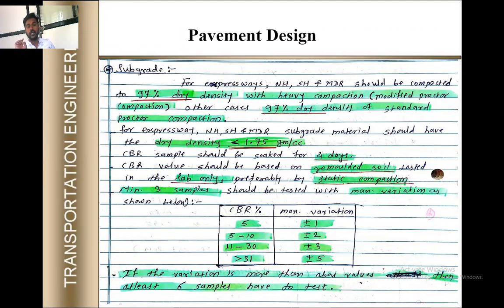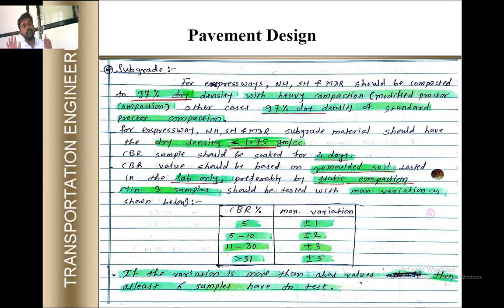And if the CBR percentage is greater than 31, we go with a maximum variation of plus or minus 5. If this maximum variation is not achieved and we have gone beyond that, then what do we have to do? We have to take 6 samples.